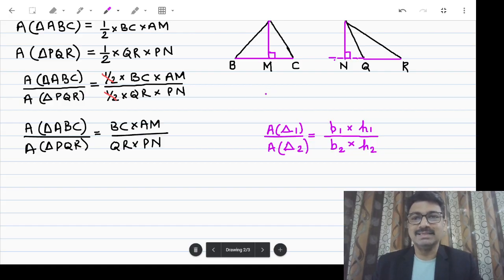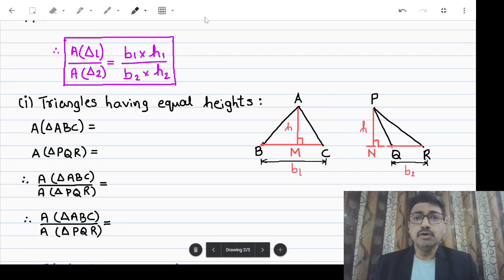Now let us consider two triangles ABC and PQR such that in ABC the base is B1 and height is H, and in triangle PQR I consider the base as of length B2 and the height PN is of the same length as the height of ABC, that is H. So what do we understand?